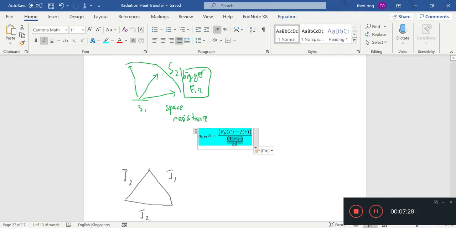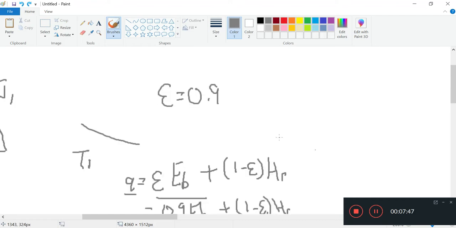After taking into account the reflection term, we have this equation over here, 1 minus epsilon over epsilon times A. That becomes the resistance.